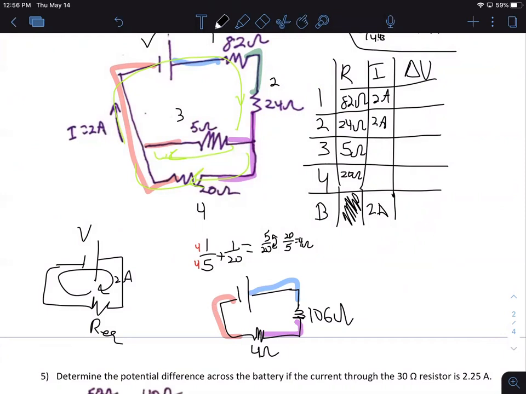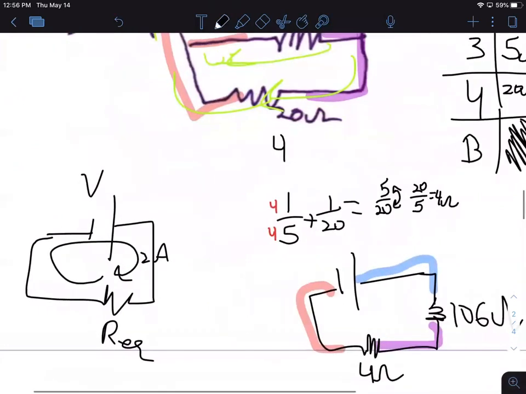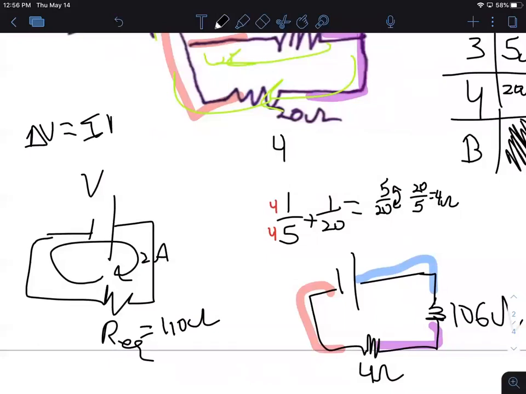All right, so these are now in series. Put them together. 110 ohms. All right, resistor 110 ohms, 2 amps. Delta V equals IR, which means delta V for this resistor is 220 volts.